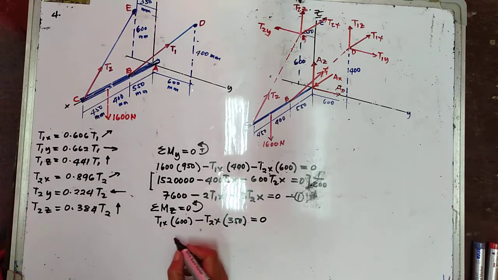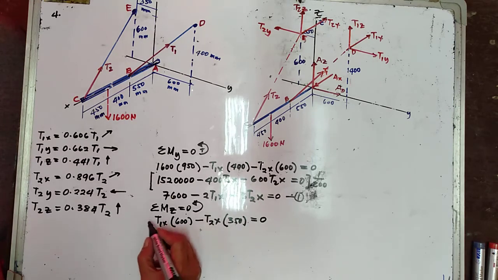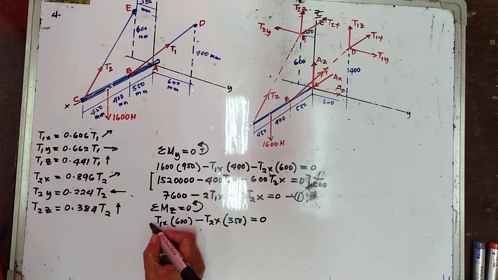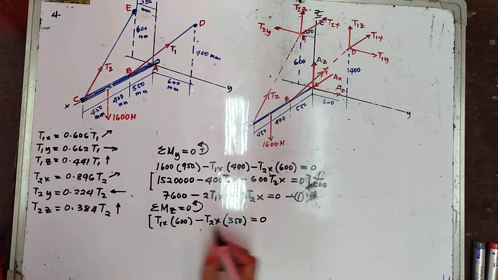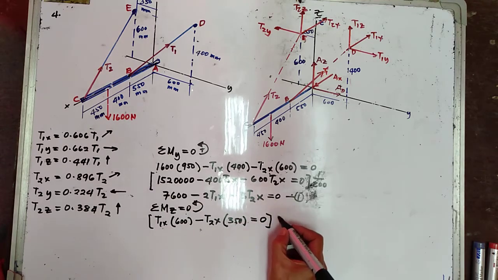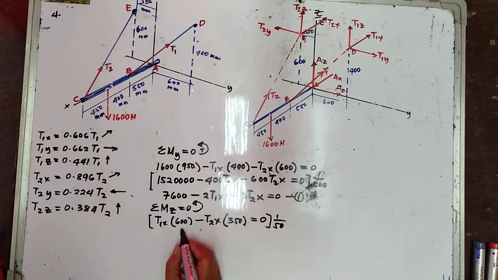So if you multiply both sides of the equation by 1 over 50, 600 over 50 is 12.